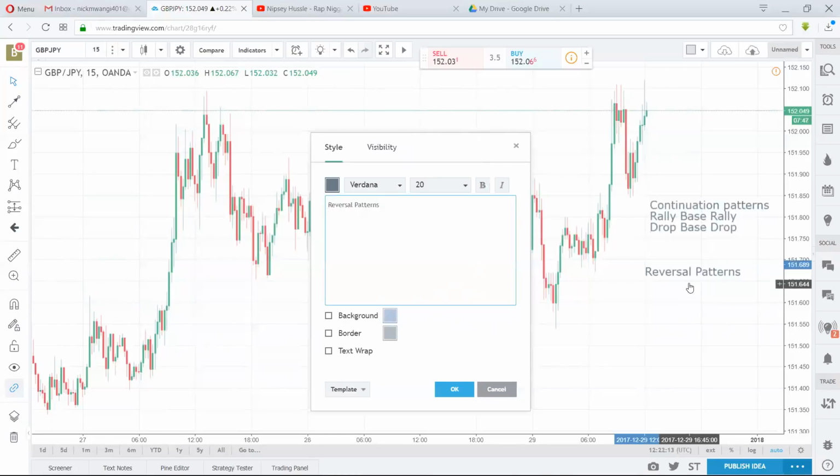And here we have the rally base drop, and we have the drop base rally.